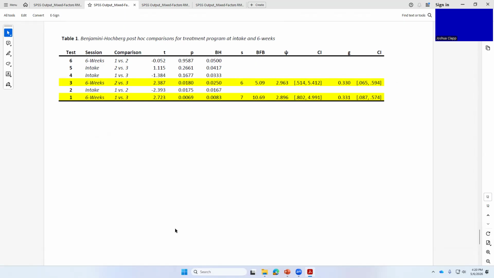And this is where that false discovery rate thing starts coming in right here. At comparison 3, we're still sneaking in underneath our critical value, but as that goes up, our p-value went to 0.018 to 0.0175. Our correction was more than what captured that.